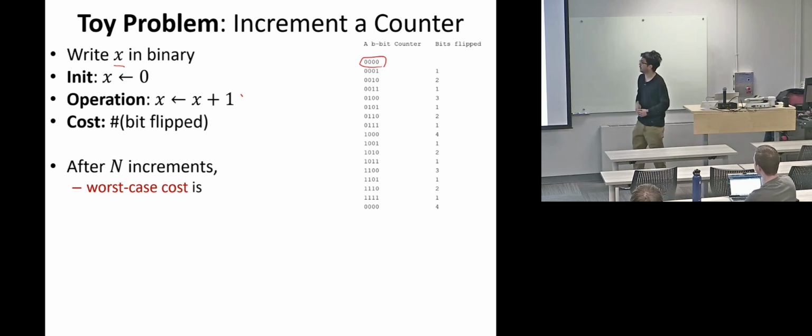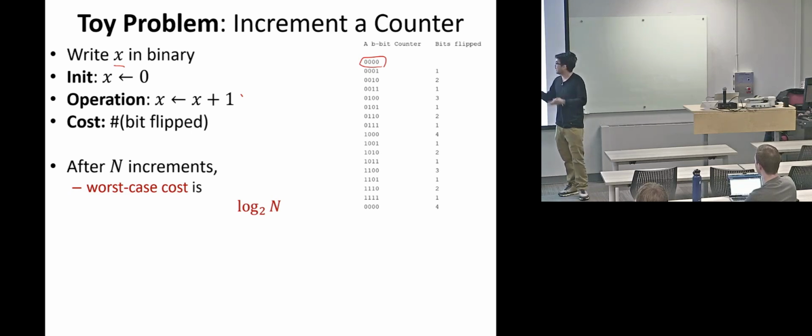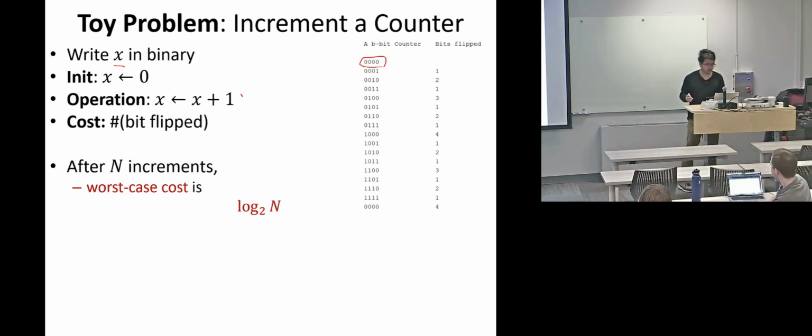If you do n increments, there can be log n bits, and some of the time all the bits can be flipped. So that's the worst case cost.